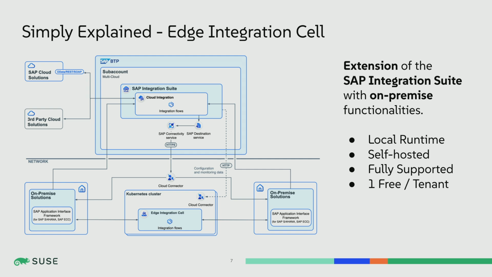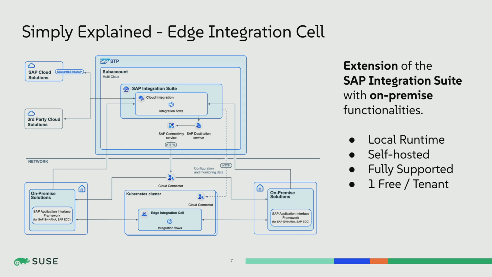Therefore, the Edge integration cell is coming as a runtime, which will be set up locally on their landscape or their locations, and they can push their integrations from the cloud to this local Edge integration cell. You can have multiple Edge integration cells in different locations, and all this is running on a Kubernetes cluster.